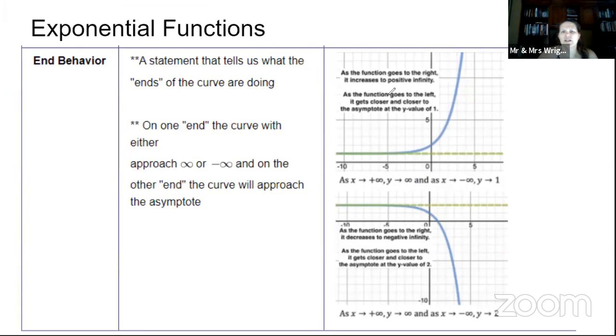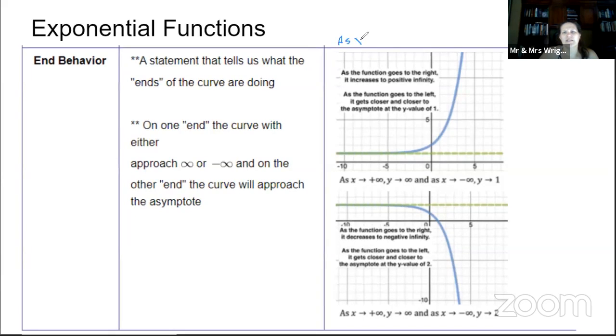A function, as it goes to the right, increases to positive infinity. So how you write that is as x is approaching positive infinity, what does y do? Well, y is also approaching positive infinity.